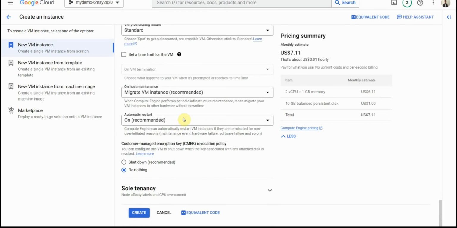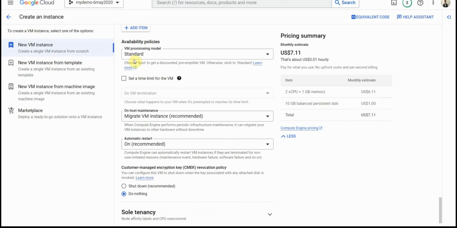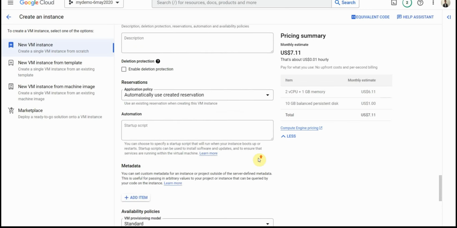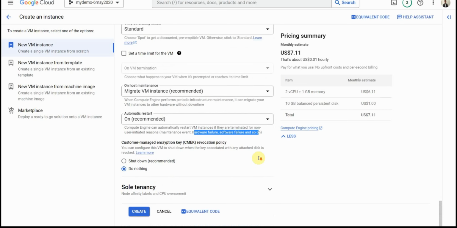It's like you get a power outage in the kernel, and it restarts and then continues to serve the traffic. So this is the availability policy which you see here. In the standard, you will see that it's going to migrate the VM and automatically restart it in case of hardware failure events. All right, so that's a bit about the creation of the VM interface.